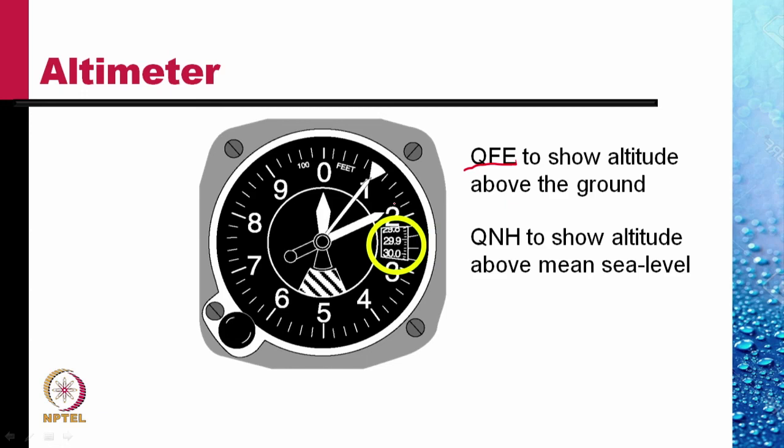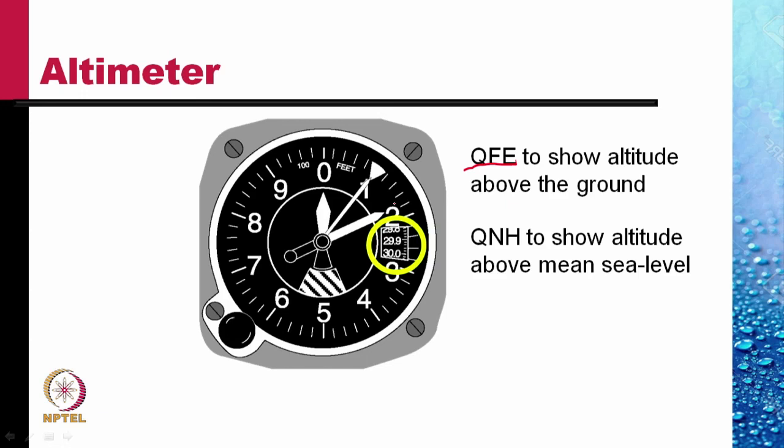So by turning a knob, they switch the reading within the window to 29.96, the QFE reported by the tower, and then this would read altitude above the airfield.